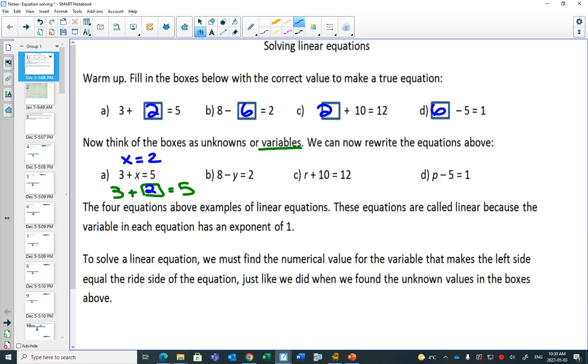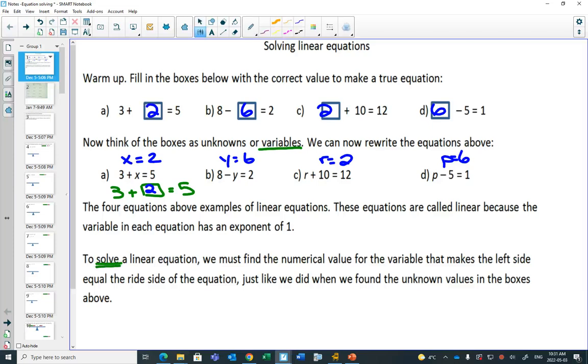And there's going to be some of them, like these ones right here, where I think you could just look at them and say, hey, this is exact same as this, except now my variable is y. I know that y is equal to 6, that r is equal to 2, and that p is equal to 6. And that's the only thing that would work. Okay? So these are the equations for the same thing that we solved with the boxes. Okay?